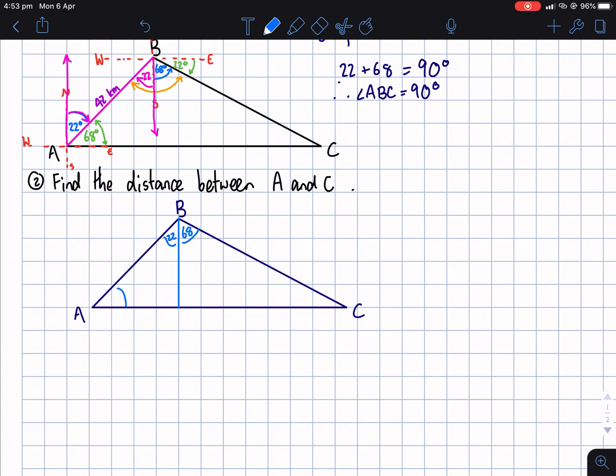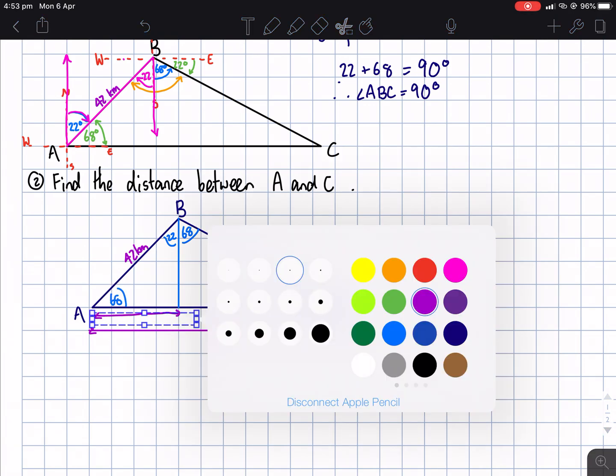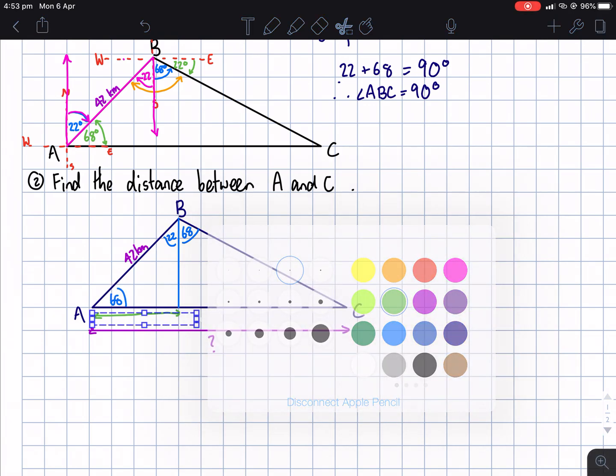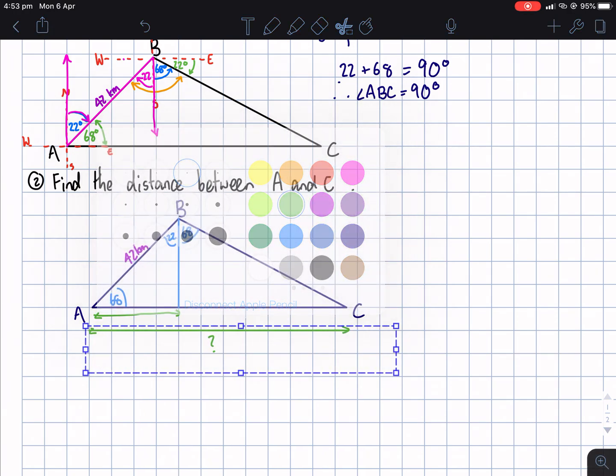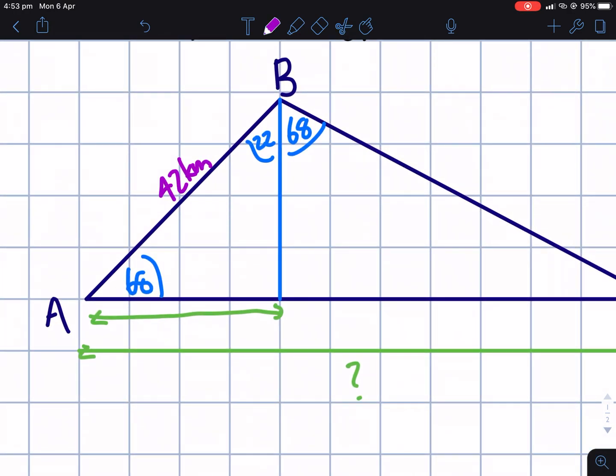We know this angle here is 68. We know this length is 42 kilometres. Now, I want to find all the way across here, but it's going to be easier if I find this distance first. This distance I'm going to call x.